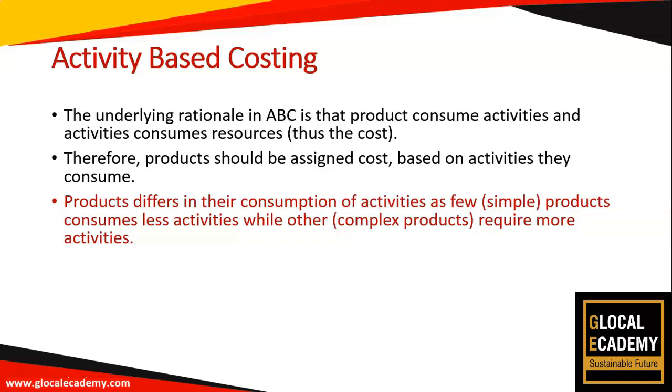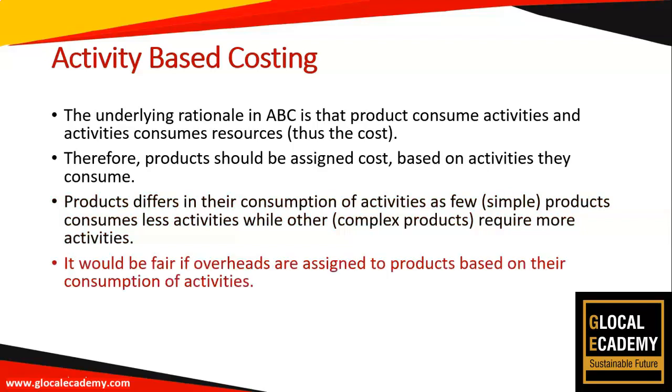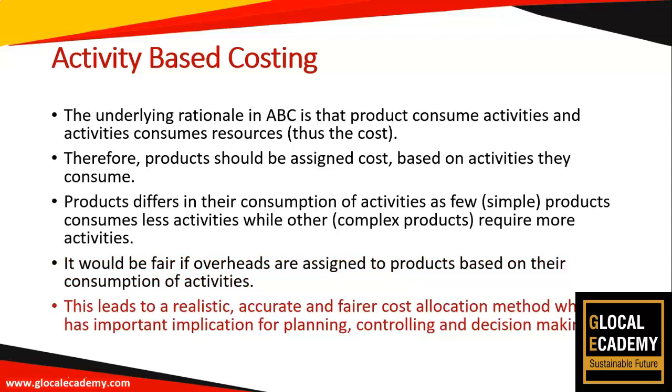So if the products differ in their consumption of activities, then we should assign cost based on those activities. So simple products should be assigned less cost, whereas complex products, because they consume more activities, should be assigned more cost. So that's why it would be fair if overheads were assigned to products based on their consumption of activities, and that is the basic idea behind activity-based costing.